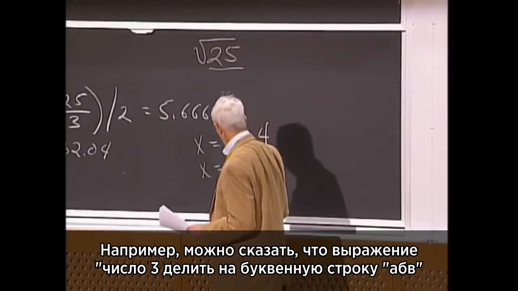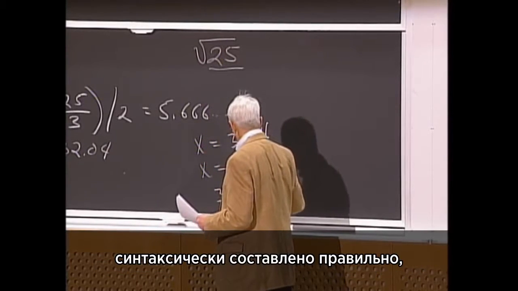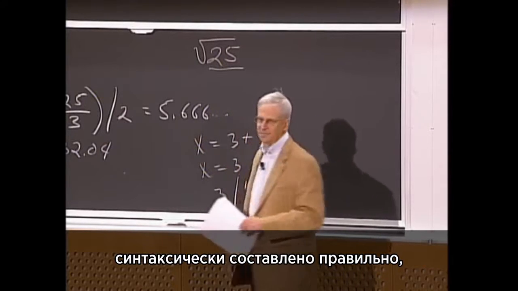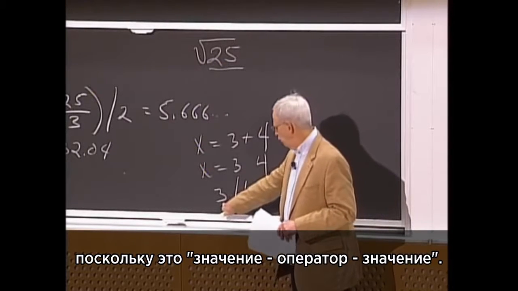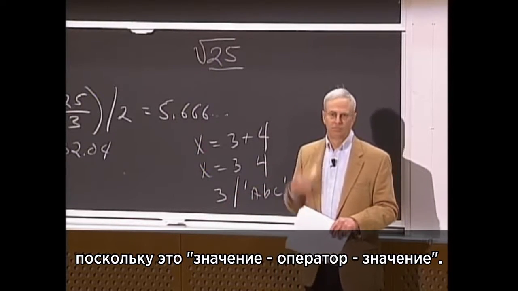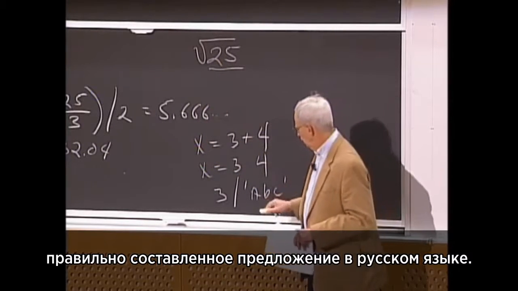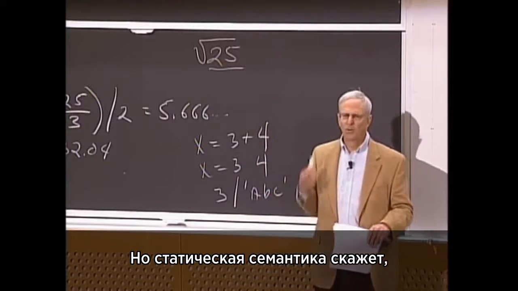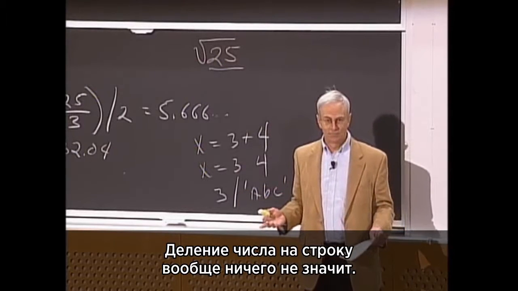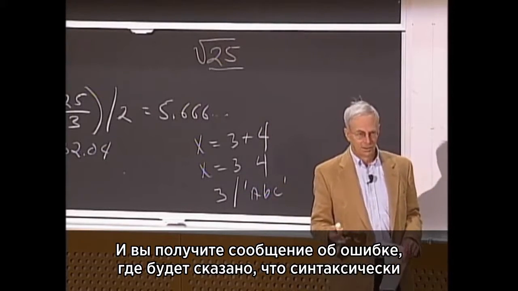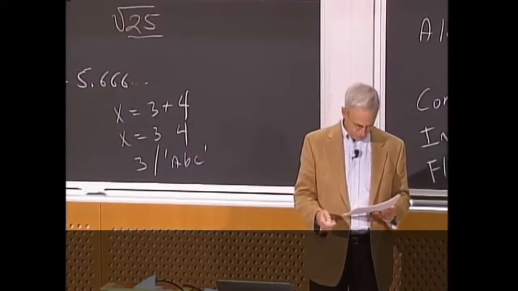For example, it might tell us that the string 3 divided by the character string ABC is syntactically well formed because it's value, operator, value, sort of like noun, verb, noun, is syntactically well formed in English. But it would tell us that there's no real meaning to this. Dividing a number by a string doesn't mean anything. And so you would get an error message saying the syntax is okay, but the static semantics is broken.